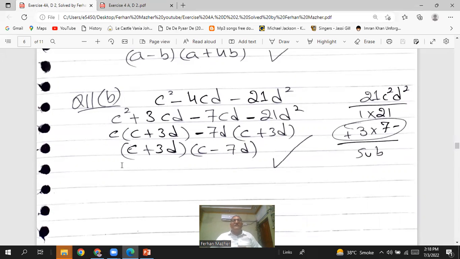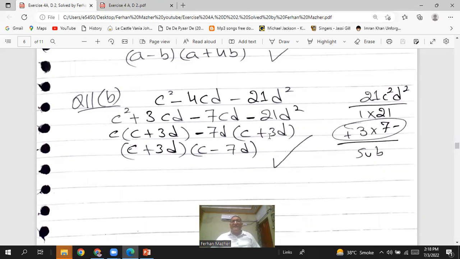This technique is called midterm breaking. From the first two terms, you can see c is common. So c squared divided by c, you are left with c, and 3cd divided by c is 3d. From the last two terms, you can take minus 7d common. When minus 7cd is divided by minus 7d, you get c only. Minus 21d squared divided by minus 7d gives you plus 3d.